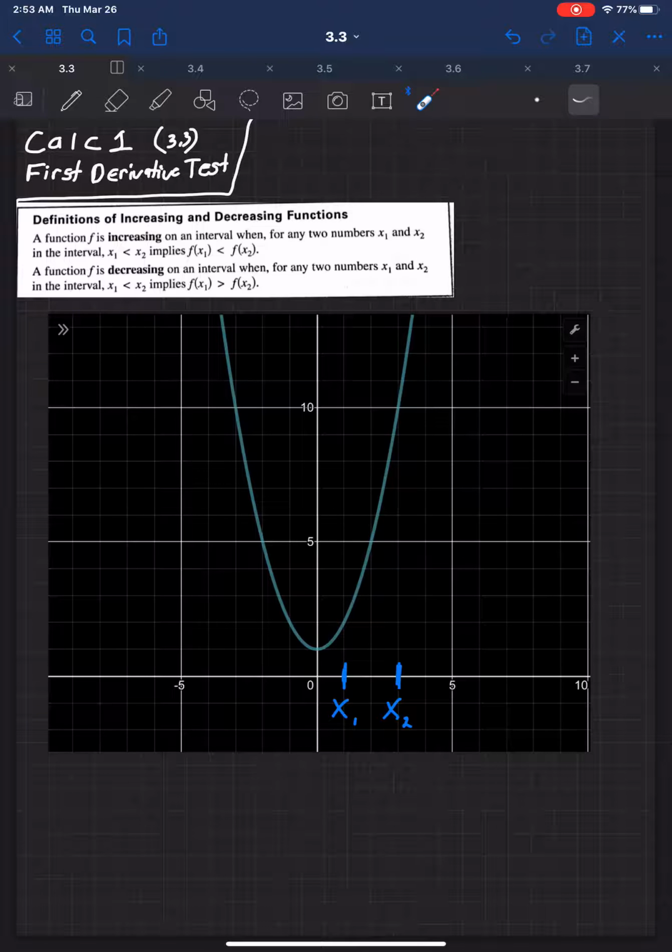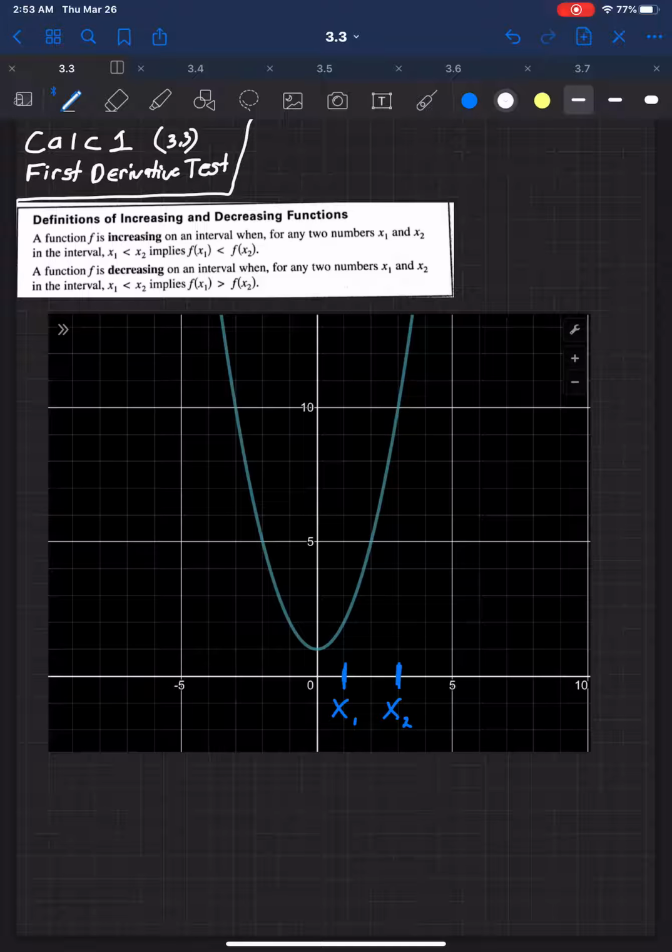Now, let me start. It says a function f is increasing on an interval when, for any two numbers, x sub 1 and x sub 2 in the interval, x sub 1 less than x sub 2 implies that f of x sub 1 is less than f of x sub 2. Now, what are these mathematicians trying to say?